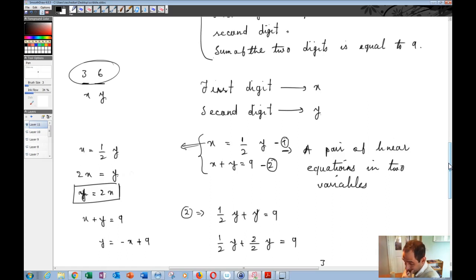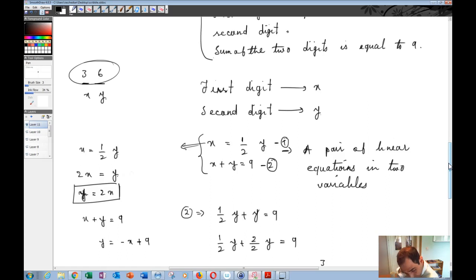There's also the graphical mode where you graph both the equations, and then see where those two lines intersect. But the whole story is basically this simple thing.